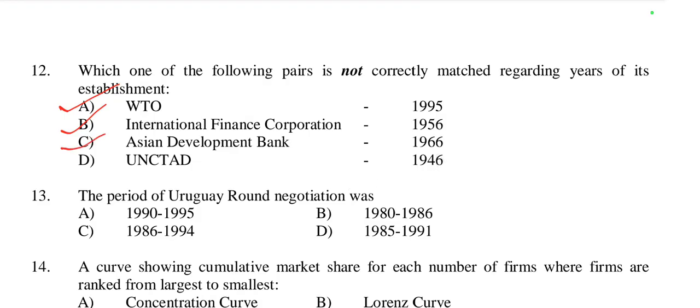Yes, this is also true. Then UNCTAD in 1946. No, UNCTAD means United Nations Conference on Trade and Development. It was established in 1964, not 46, 64. So here option D is incorrect. So the pair not correctly matched is option number D.